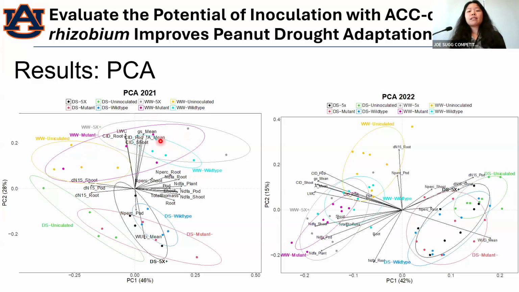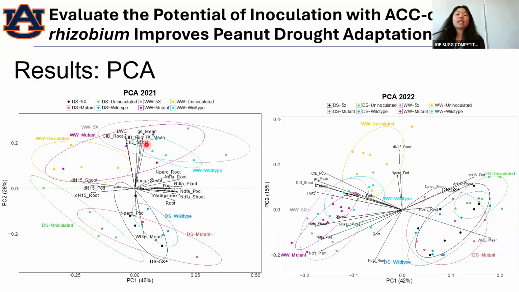We can see that in both years. However, the mutant negative overlapped with the uninoculated, the wild type, and the 5 times plus. We have seen that in both water conditions and in both years.